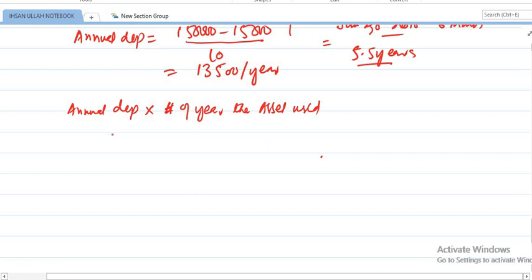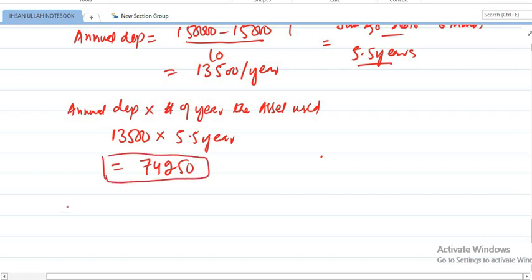In this case, annual depreciation is 13,500, and 5.5 is the years we have used the asset. So the accumulated depreciation or total depreciation, if you calculate this, then you will get 74,250. This is the accumulated depreciation.